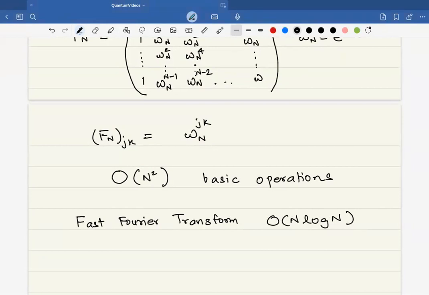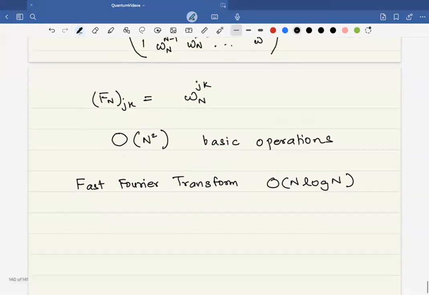And this considerably speeds up the processing of signals and algorithms, right? And the reason for the speed up is that the Fourier transform can be defined recursively in the following way.